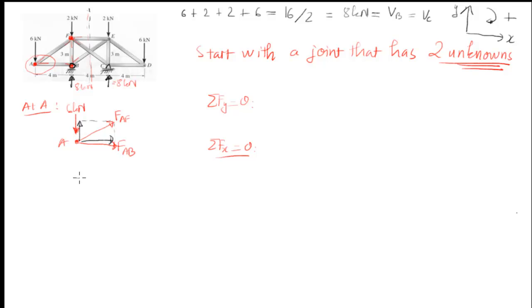This is 4 meter, and the vertical distance is 3 meter. I cut through here, not the whole thing, so from here to here is 4 meter, and from here to here on top is 3 meter.